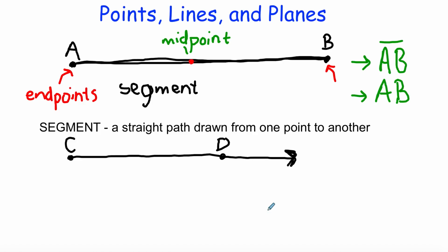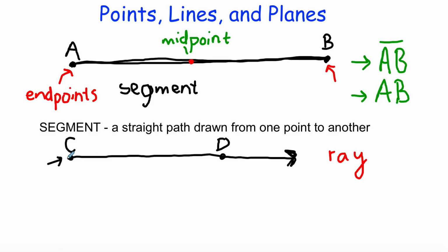So when we continue our straight path through the endpoint, like right here at D, the endpoint from where this path starts is called the origin. So this would be the origin. And when it goes on forever, but only in one direction, so this path goes on forever, but only in this direction, then we call that a ray. A ray. Okay, so this is a ray.